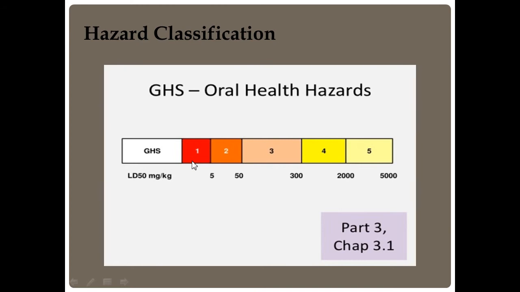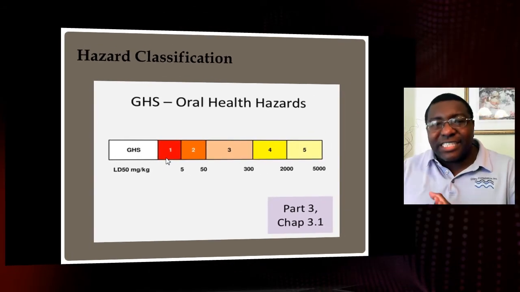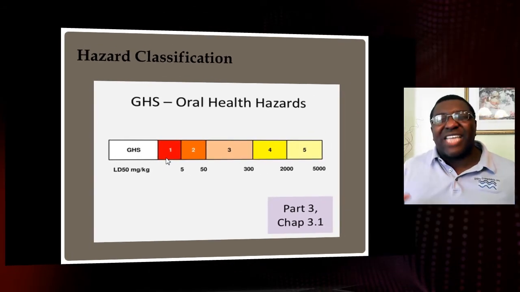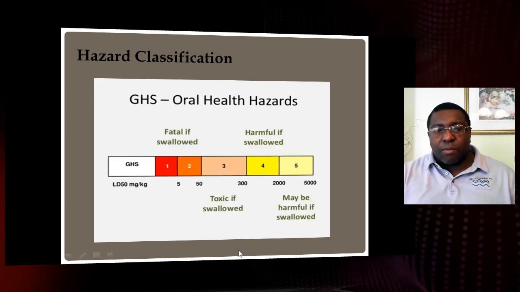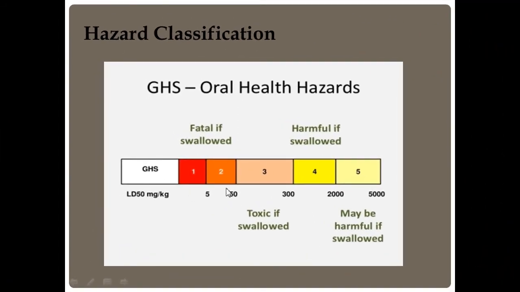So that should make sense to you, meaning if there's less of a concentration that is going to kill half of the test subjects, then obviously it's highly toxic, and that is going to give you now your new number 1.